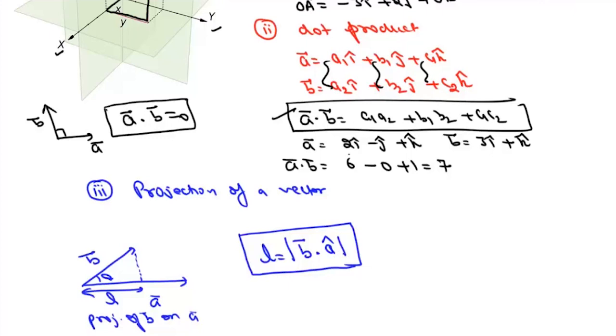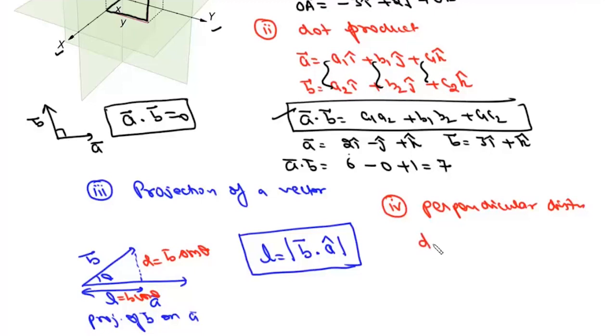And at times we'll also need to find perpendicular distance. Now if this angle is theta, and this L is B cos theta, then this perpendicular distance D will be nothing but B sin theta.